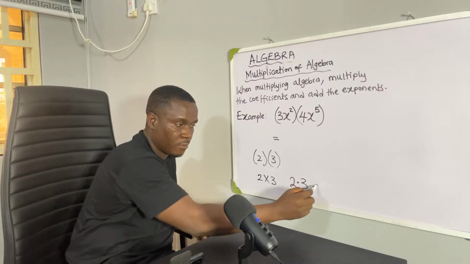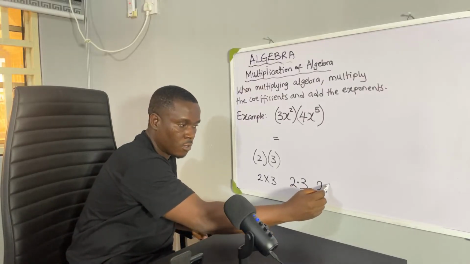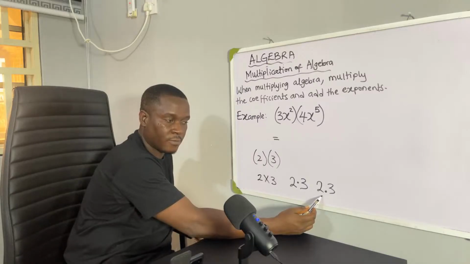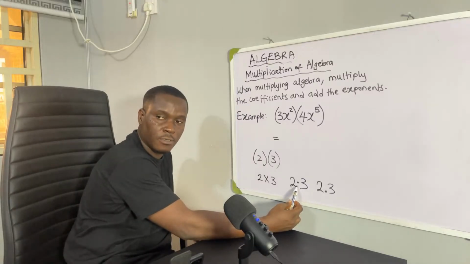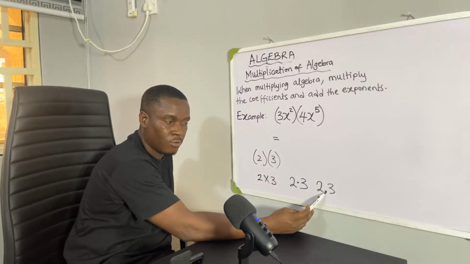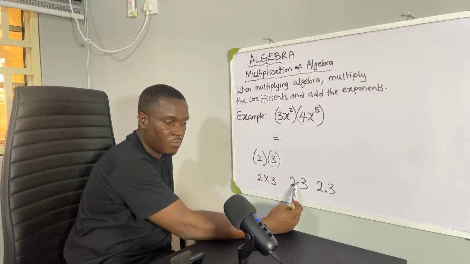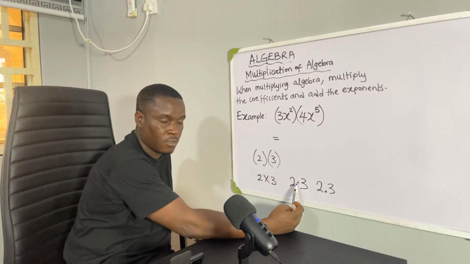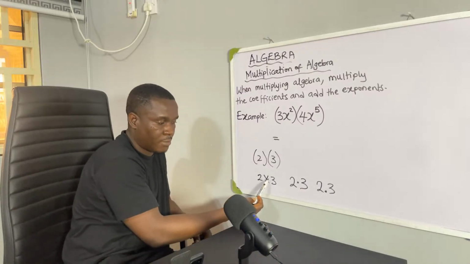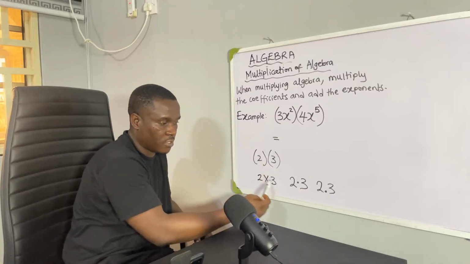This is different from 2.3. This is 2 times 3. I'm seeing that for the first time in my life. So if the point is down, it's 2.3. But if the point is in the middle, it's 2 times 3. So 2 times 3 can be written in any of these ways.